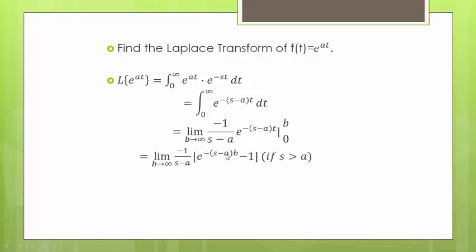If s is greater than a, this is a positive number, so you'll have negative positive number times b, and then b is going to infinity. So if this is exponential decay based on this assumption, then this will go to 0, so that you'll be left with negative 1 times the ratio, negative 1 over s minus a. So that will give me 1 over s minus a as my final result.